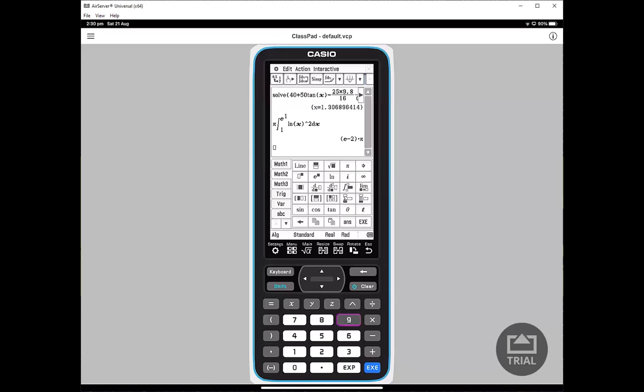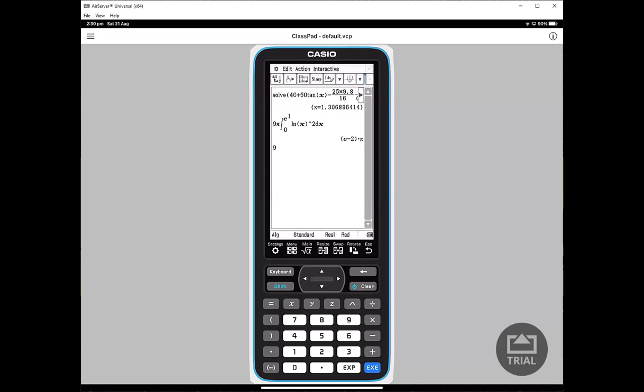If you calculate that, it's going to be 9 pi, 0 to pi divided by 2 here. Okay, let's do that.